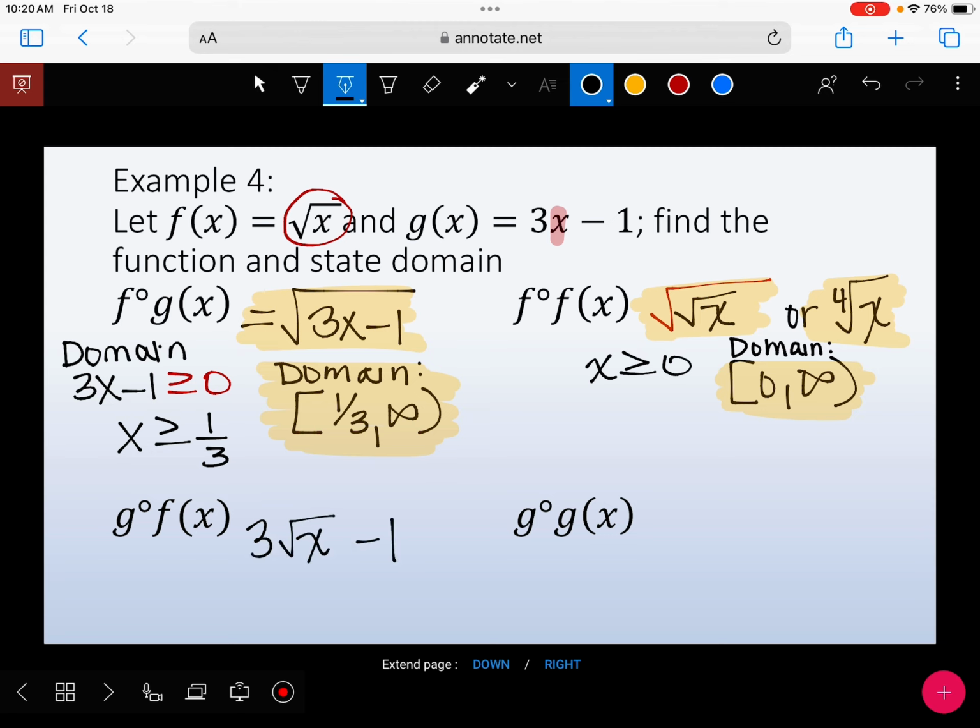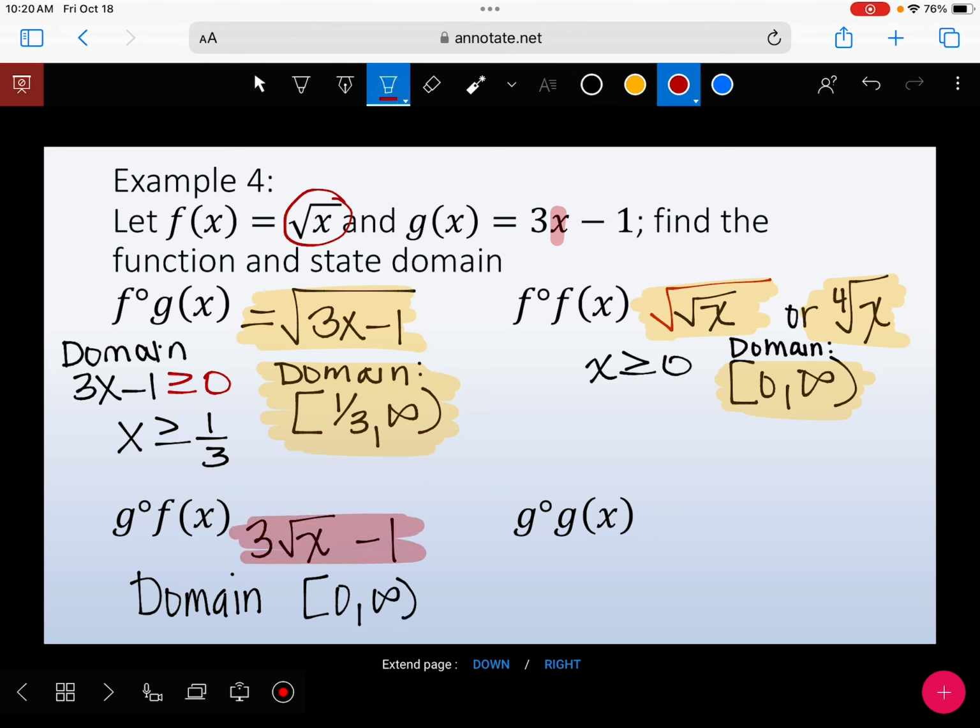That is my function. I cannot simplify that any further. I have only an x underneath my square root, so my domain is 0 to infinity. So that's my function, and that is my domain.